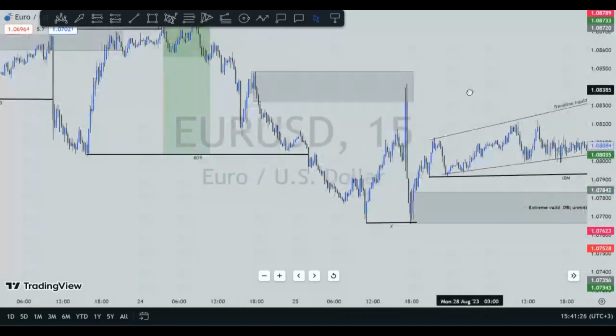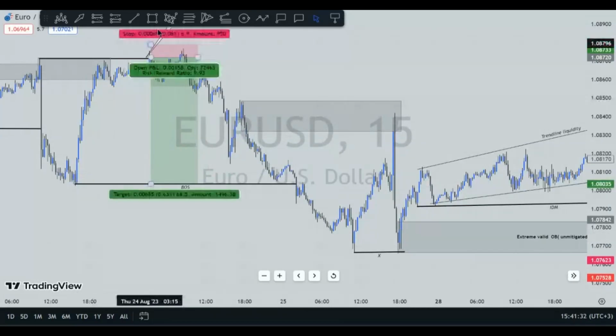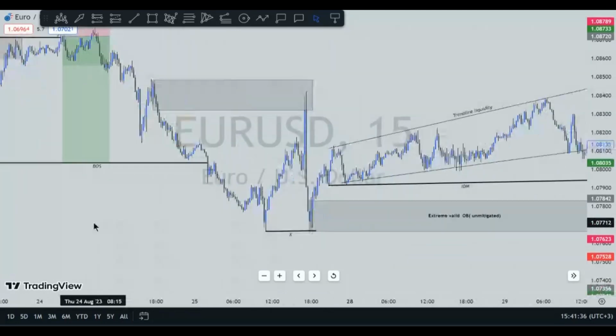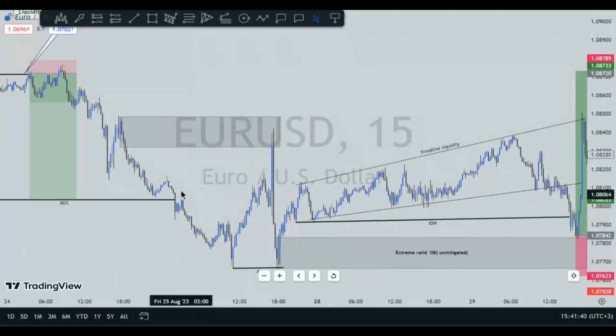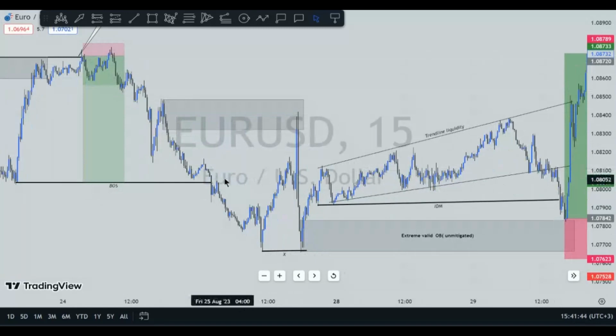Awesome. Well, let's continue. Price came, broke this lower low, a valid break of structure, meaning this trend might continue in the same bearish direction.